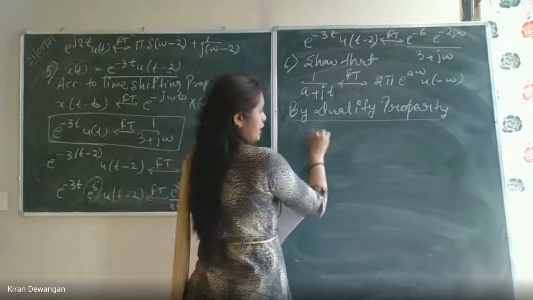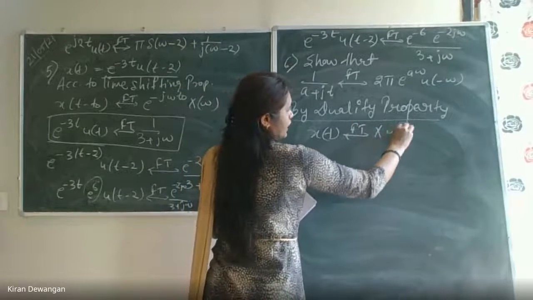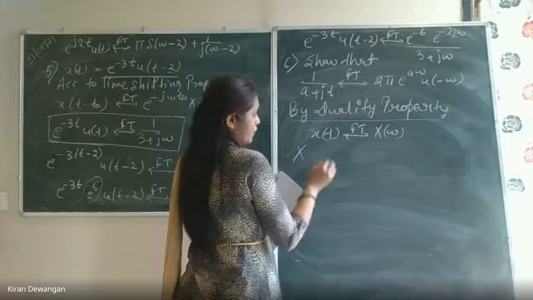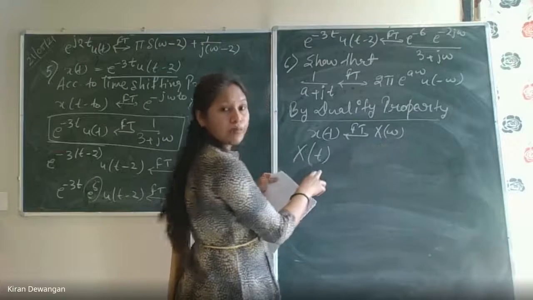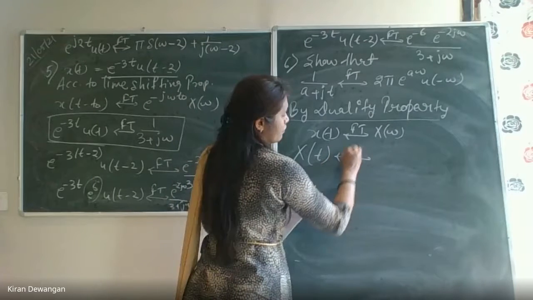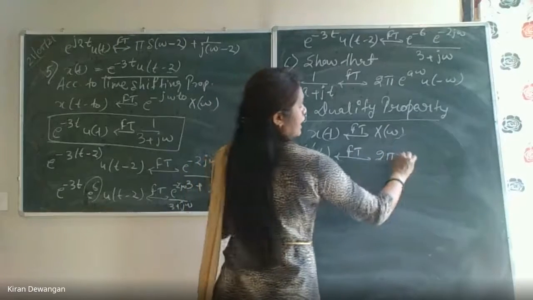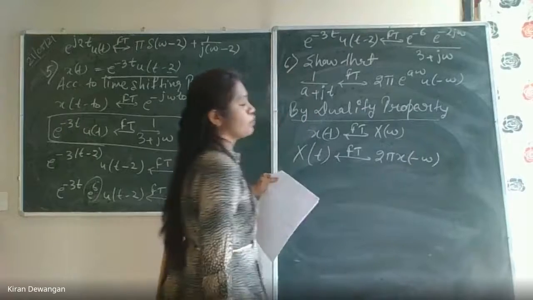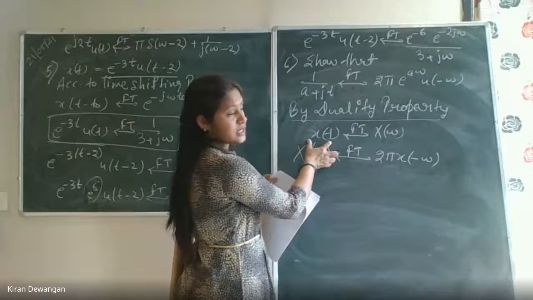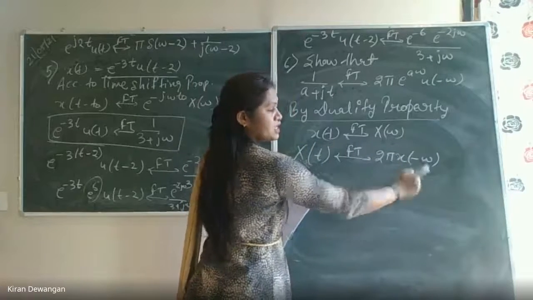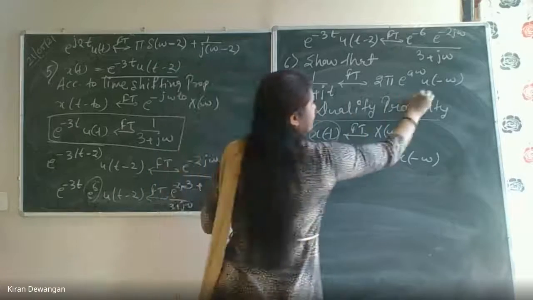If x(t) has Fourier transform X(omega), then capital X of t, this one X of omega, where omega is replaced by t, will have Fourier transform 2 pi x of minus omega. Okay? This one is the original x(t), the actual x(t), where t will be replaced by minus omega. Now, what would be our x(t) so that we will get this as a function?